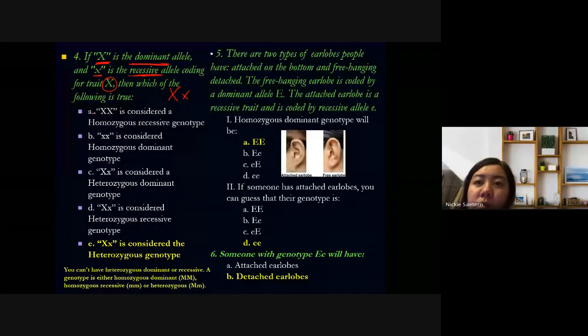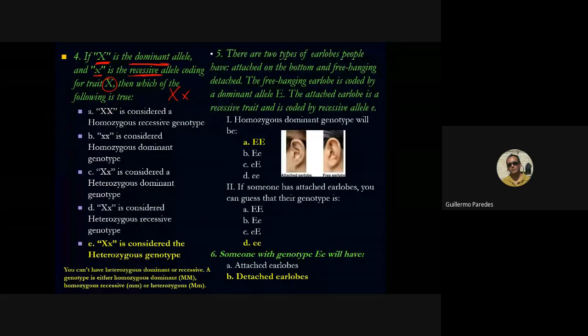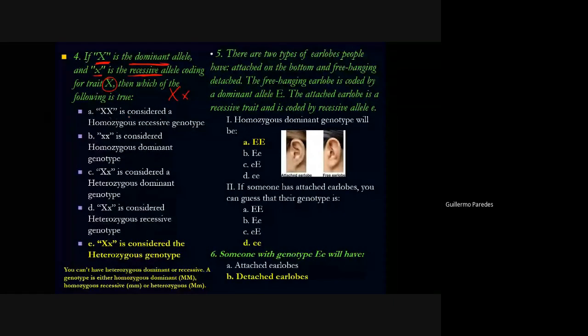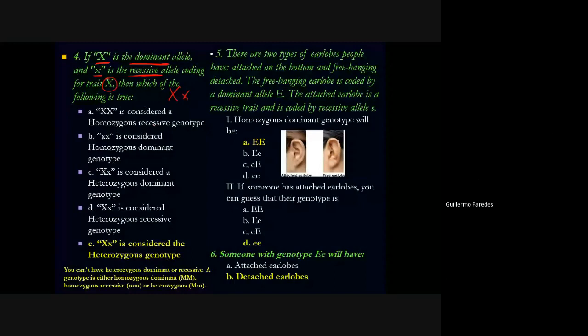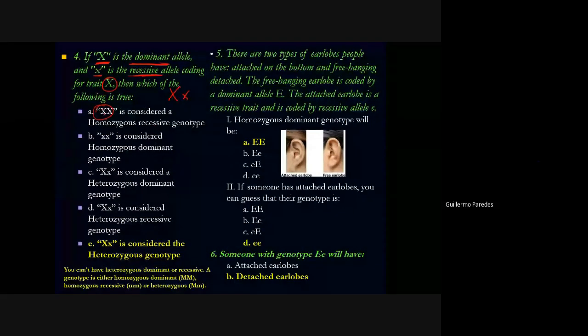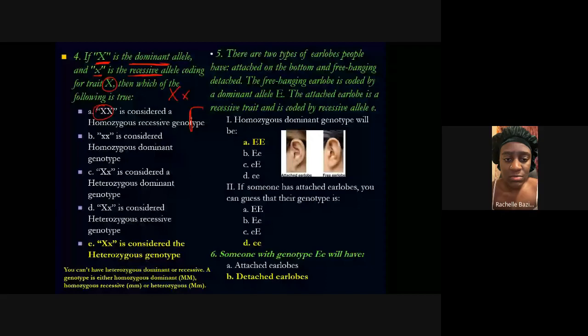So the option: both dominant is considered a homozygous recessive genotype. Homozygous recessive, this is not right. False. Capital letter is dominant. Lowercase x is considered homozygous dominant genotype. True or false? False.